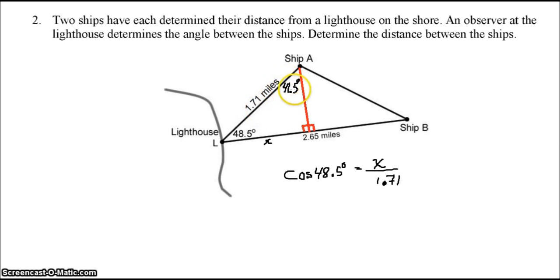I could have picked sine of 41.5 and used the opposite over the hypotenuse. But anyways, this means x is equal to, if we multiply both sides by 1.71, cosine of 48.5 times 1.71. And we get 1.13308 miles.